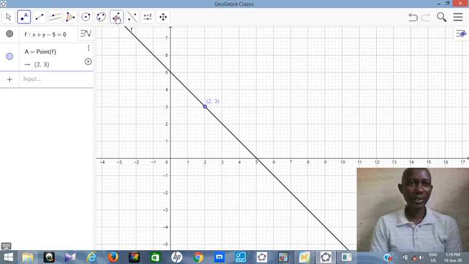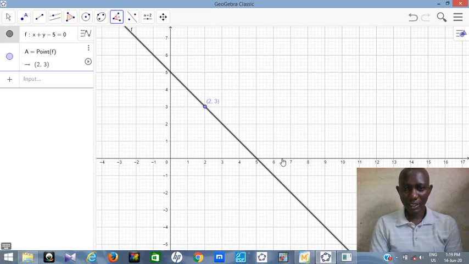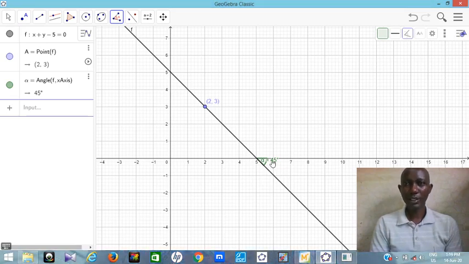Then let's get this angle. Let's get the angle between this line and this axis. So I need this side, I don't need this one. Let me check if I can edit it here. I need one of 180. Oh, it's not changing. But you get what I mean.